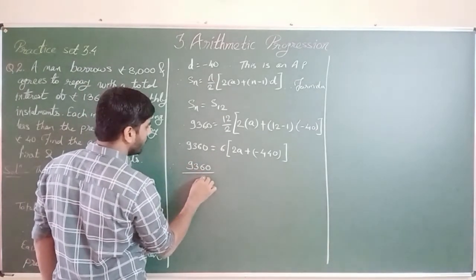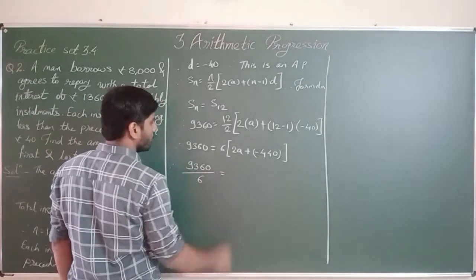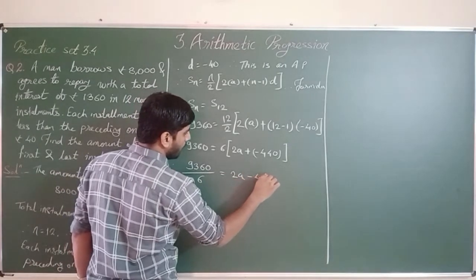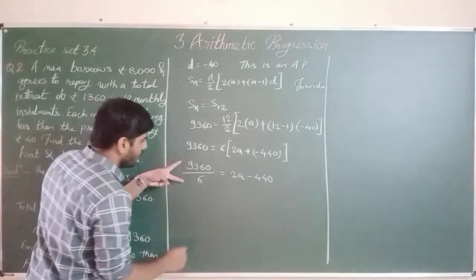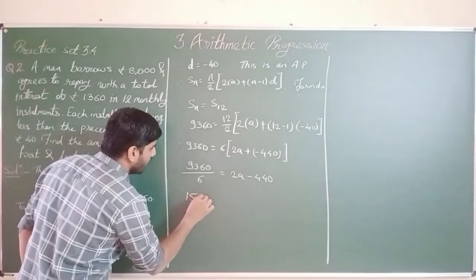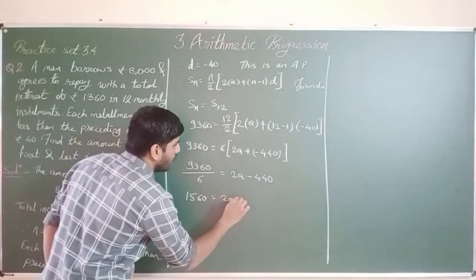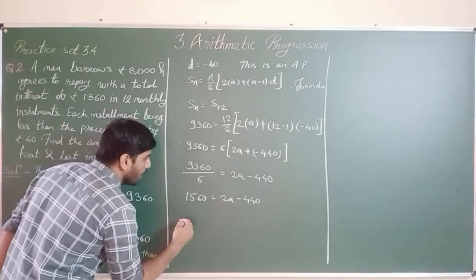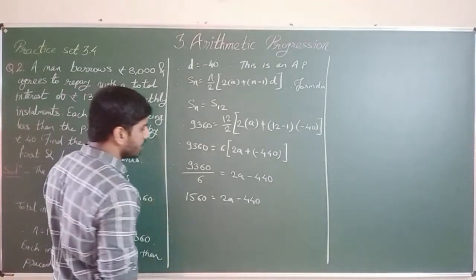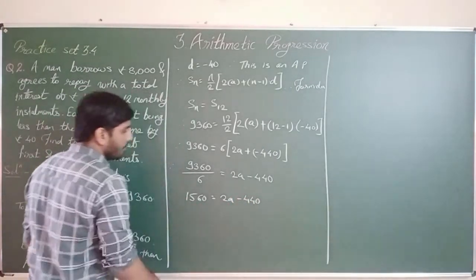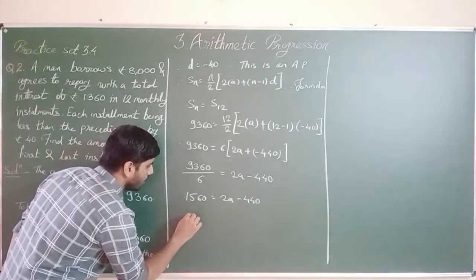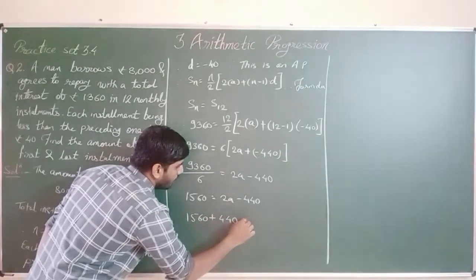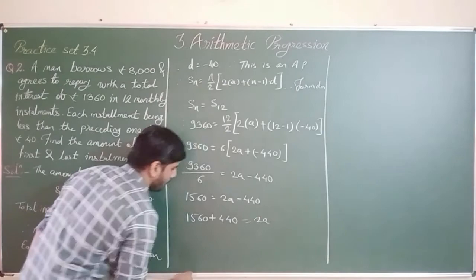The 6 will divide on the other side, which is equal to 2a minus 440. This division gives 1,560, which is equal to 2a minus 440. Now this 440 will become positive on the other side, or in another way we can say we add 440 to both sides. So here 1,560 plus 440 is equal to 2 times a.